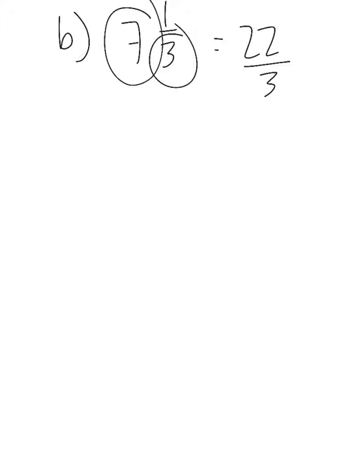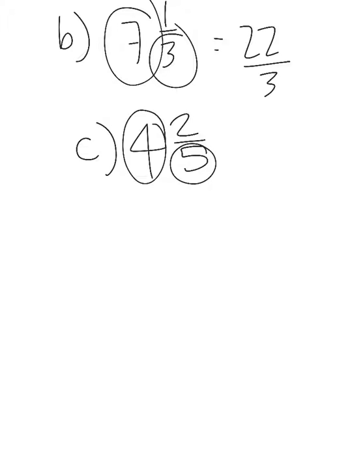So that's 22/3 altogether. Part C is 4 2/5. To keep with our awesome method of doing this in the most efficient way, we're going to do 4 5s are 20. 20 plus 2 is also 22, but there's 22/5 altogether this time.